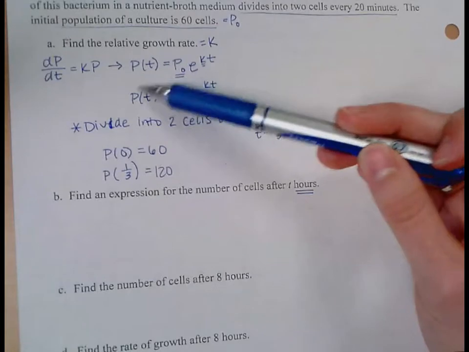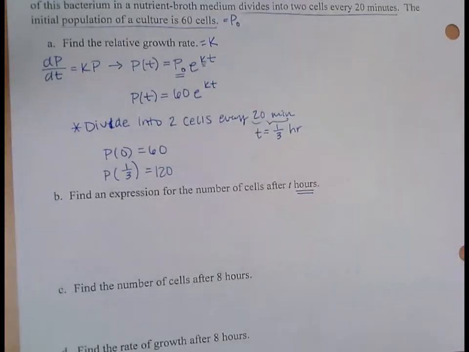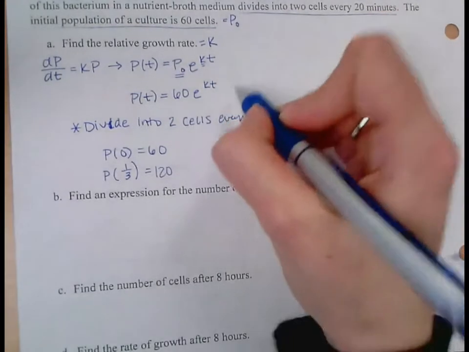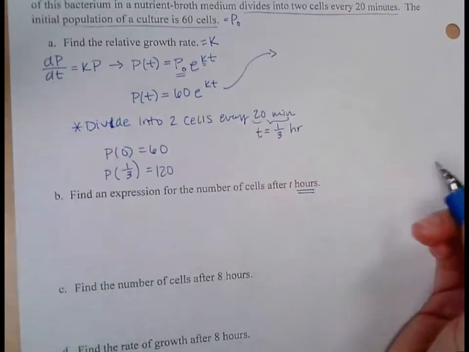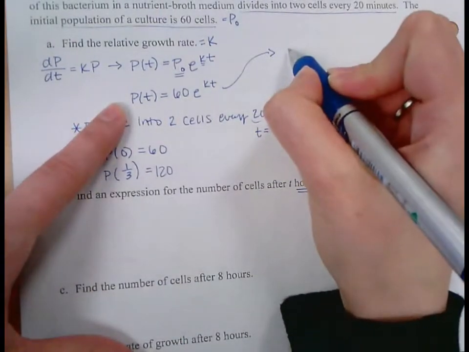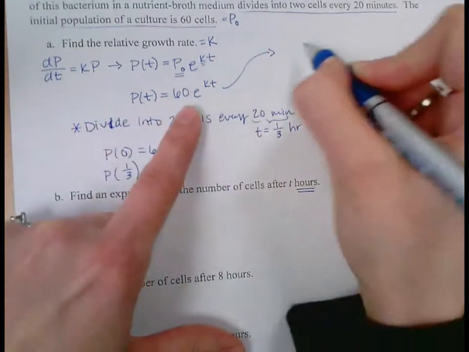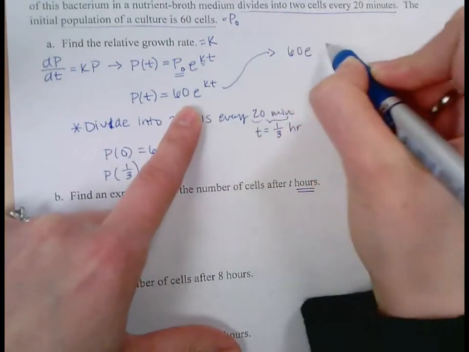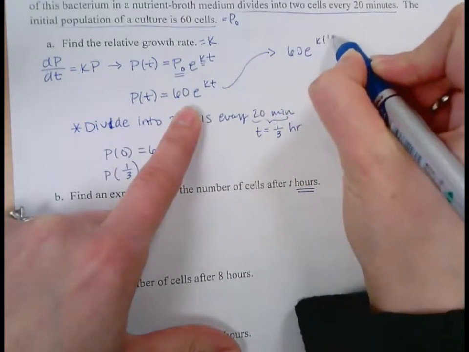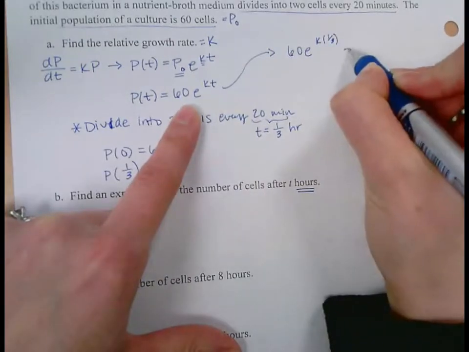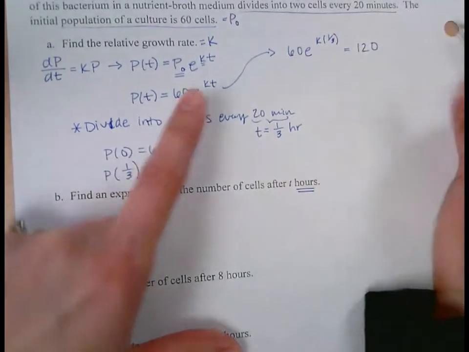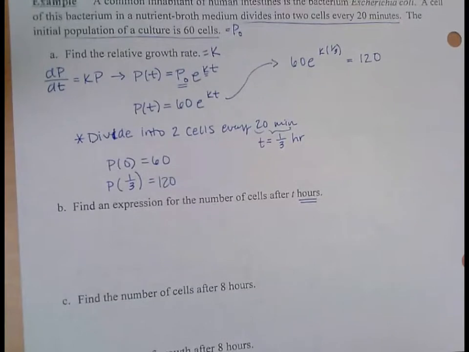So I can substitute in values here and here and solve that equation for k. I'm actually going to flip this around and put the equals 120 at the end. So I have 60 e to the k times 1/3 should equal 120. And then I can solve that for k.